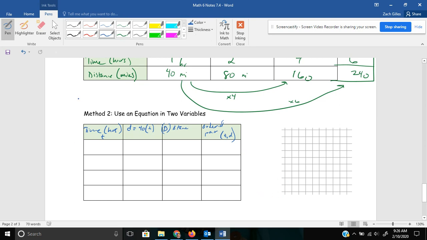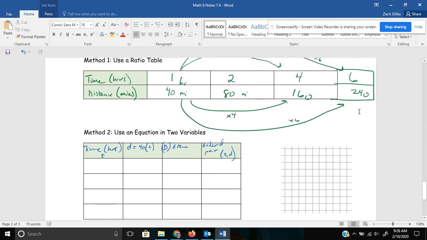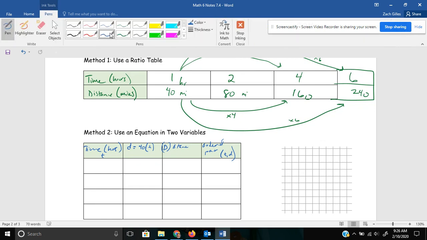So for my time up here, I'll just keep it the same as the ratio table that I chose up here. I did 1 hour, I did 2 hours, I did 4 hours, I did 6 hours. Doesn't matter, you can choose here. So the distance is equal to 40 times the time. Distance equals 40 times 1.